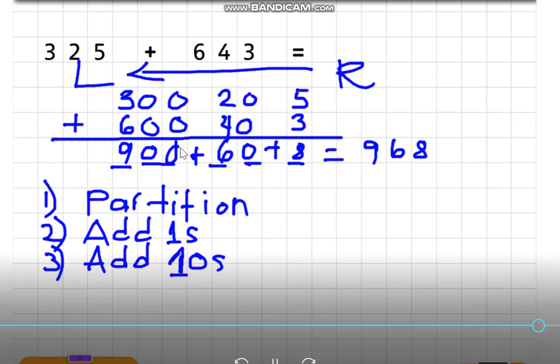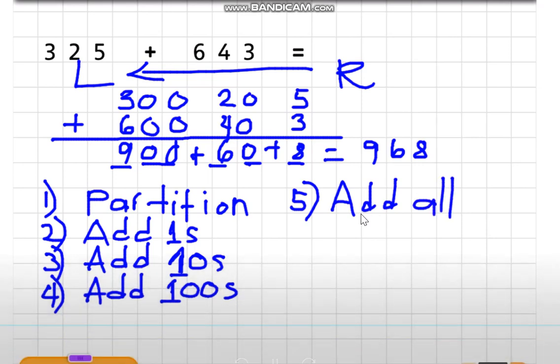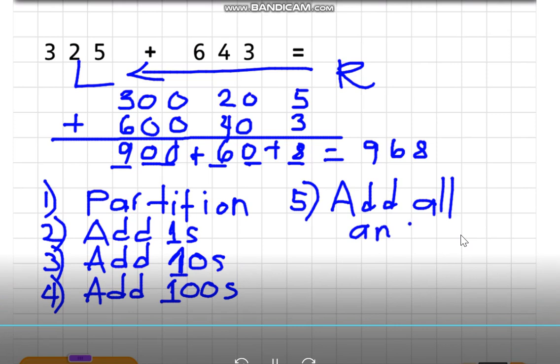Okay, step number 4, we're going to add the hundreds place. Alright, so after adding these ones, tens and hundreds, what do you think will be step 5? Okay, our step 5 would be adding all of these answers at the bottom of our partitioned addends. So add all answers to get the final answer.